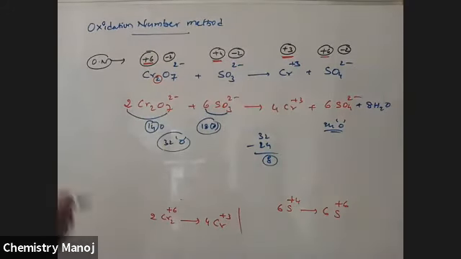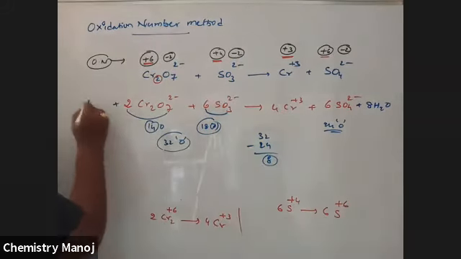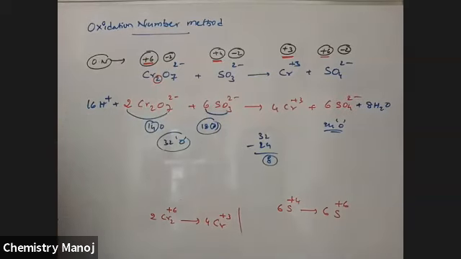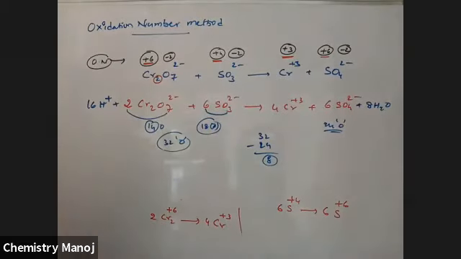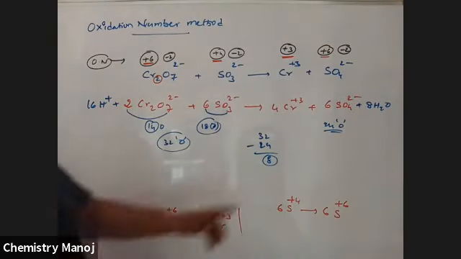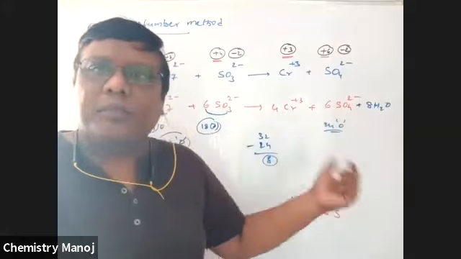At the same time, it is in acidic medium. So how many hydrogens are required? 16. 16 H plus are added here, just like in the previous case. These 2 points are clear or not?